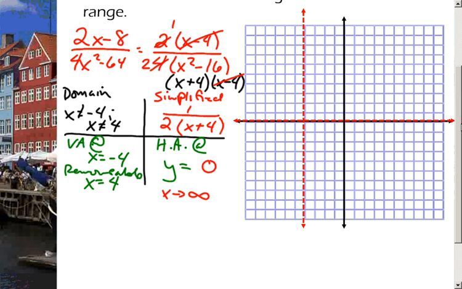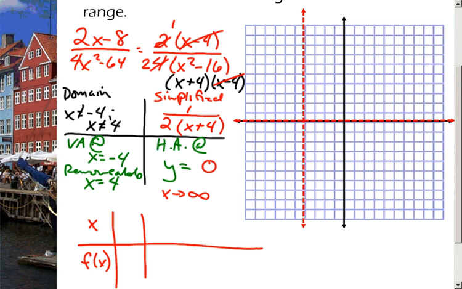So effectively what we've got is you put your vertical asymptote in the middle, so it's going to be negative 4. I don't have anything there because it doesn't exist. And then negative 5, negative 6, negative 3, negative 2, and plug those numbers in and see what you get.